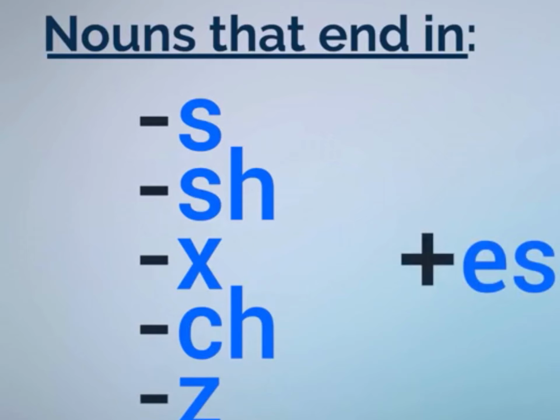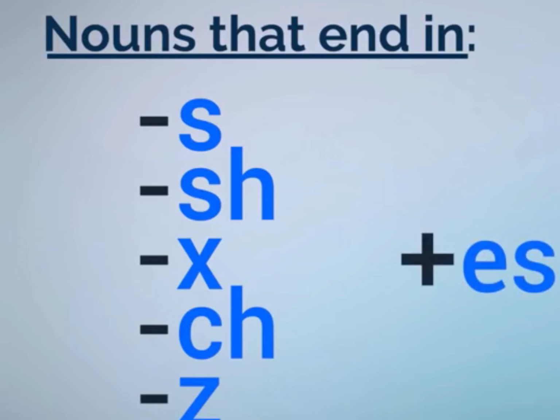We have beach for singular, BEACH, and then we have beaches for plural, BEACHES. And lastly, we have quiz, QUIZ, singular, and then the plural for quiz becomes quizzes. Okay, do you get it?